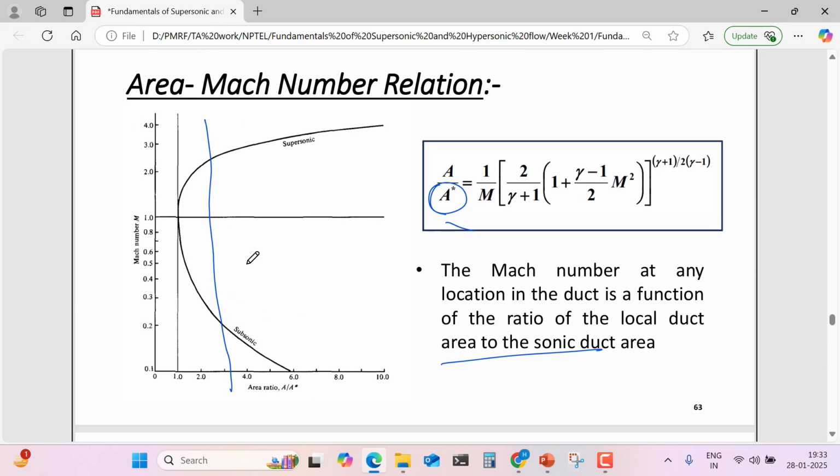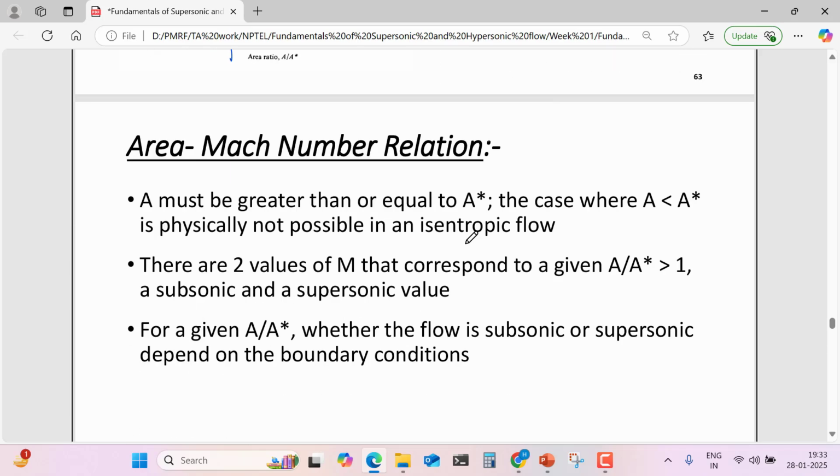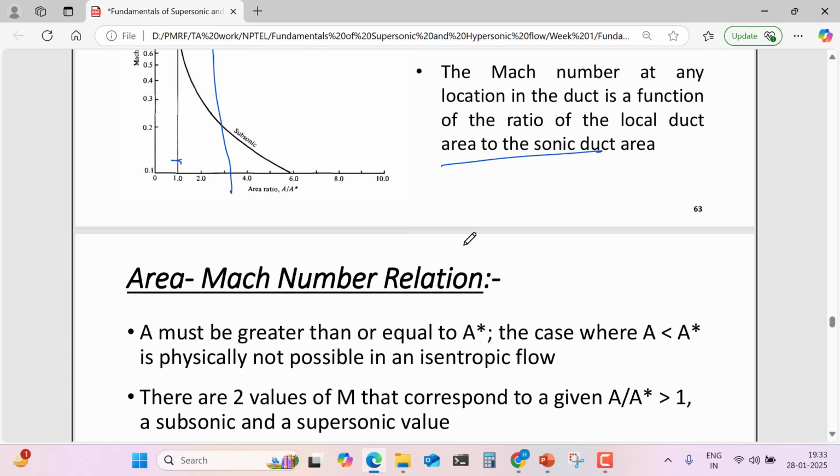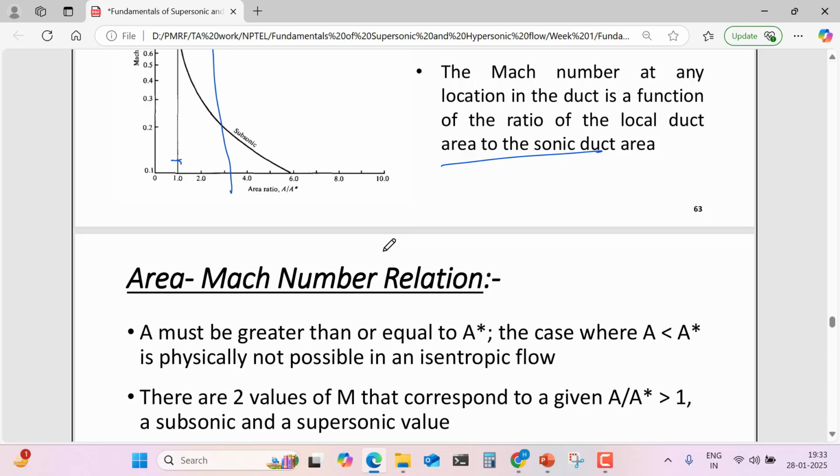So from this also you can see that A by A star is always greater than 1. It is not possible for A by A star to be less than 1 for the isentropic flow.